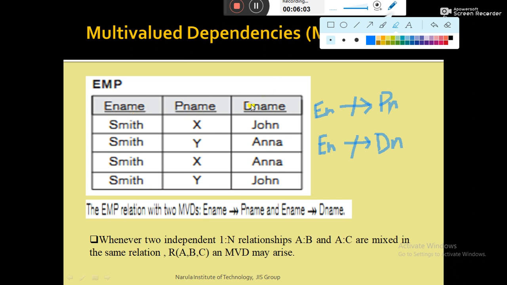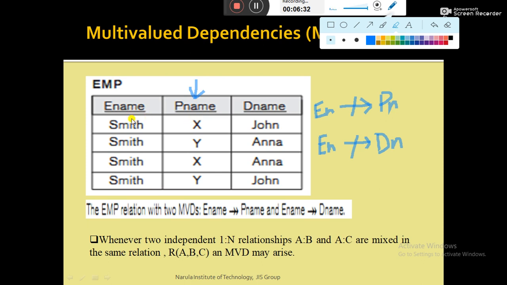Second point, if you look at the relation, then you can easily get the point that the attribute pname is a multi-valued attribute. Why? Multi-valued attribute means, again I am just recapitulating, a multi-valued attribute is the attribute which has multiple values for a specific record or for a specific entity.